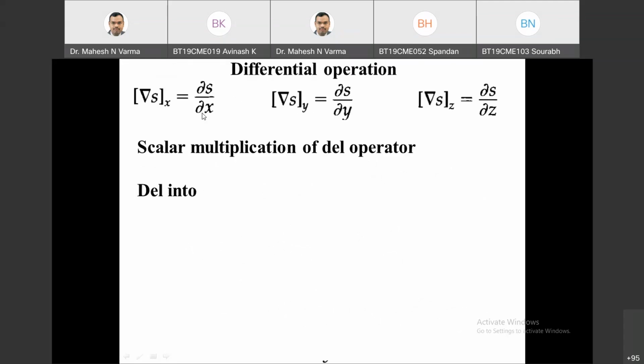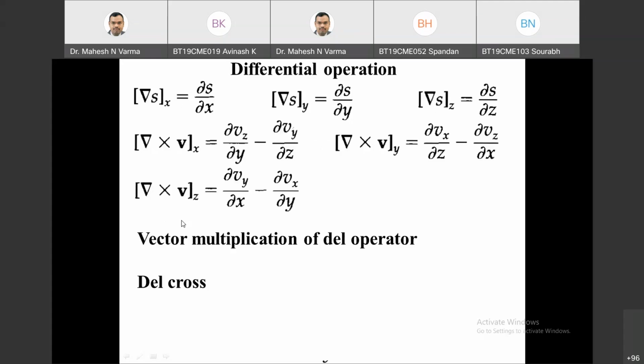Then we have introduced some more operations of this del. Del into s is the multiplication of the del operator with a scalar, any scalar. How it is operated we have discussed. This is commonly termed del into, and this is del cross, the vector multiplication of del operators.